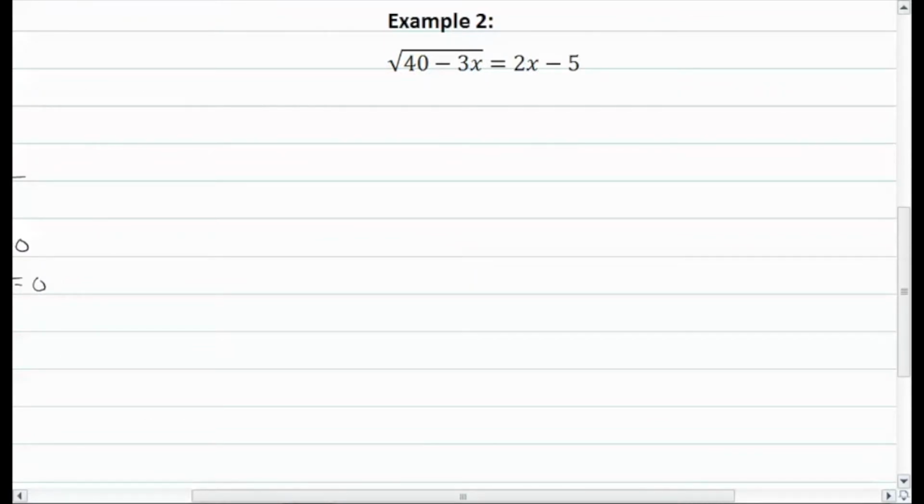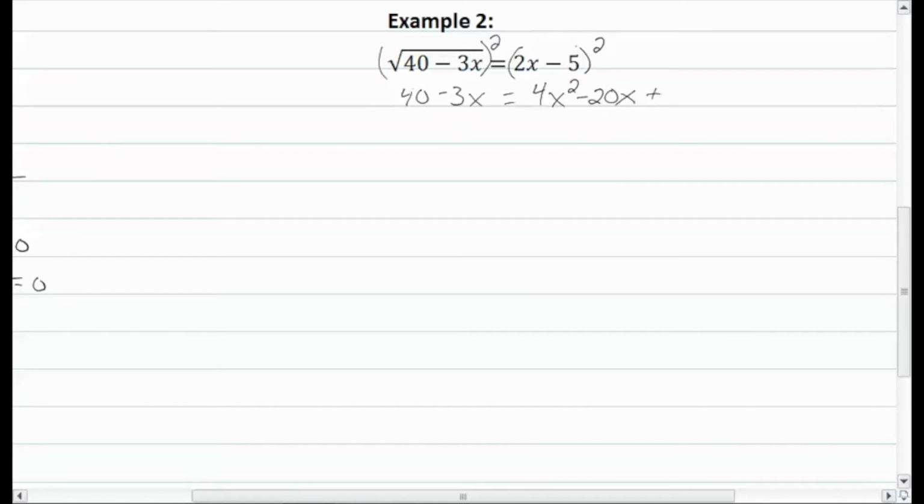In our second example, we'll again want to raise both sides to the second power to solve. And so we get 40 minus 3x equal to square the first term, which should be 4x squared. 2 times 5 is 10, times 2 gives us 20, so we get a -20x.